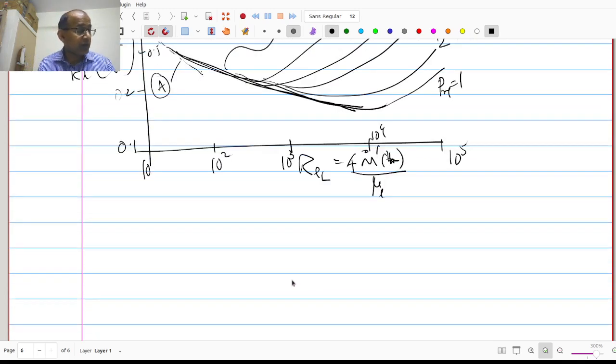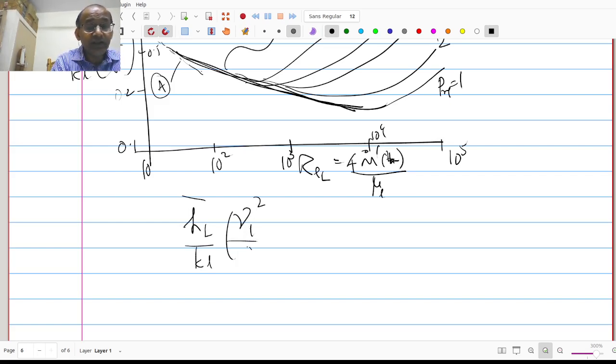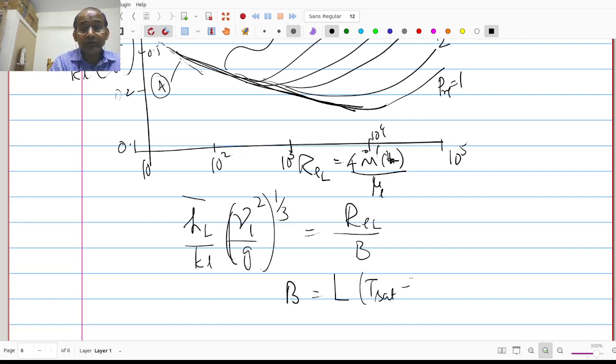So in order to rectify or get over this problem, another method was devised using the same correlations though, but writing the expression in the form of HL bar by KL multiplied by (mu L squared divided by G) whole to the power of 1 by 3 is equal to REL divided by B, where B is another non-dimensional number, which can be written as B is equal to L, which is the length, into (T sat minus T wall) multiplied by 4KL divided by mu L into HFG prime, into (G by mu L squared) whole to the power of 1 by 3.